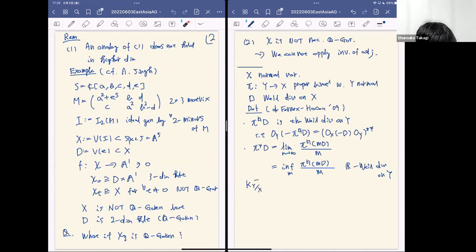The first one is K minus, defined to be K_Y minus the pullback of K_X. The second one is K plus, equal to K_Y plus the pullback of minus K_X. Of course, if K_X is Q-Cartier, they coincide with each other. But in our case K_X is just a Weil divisor, so in general they are different.